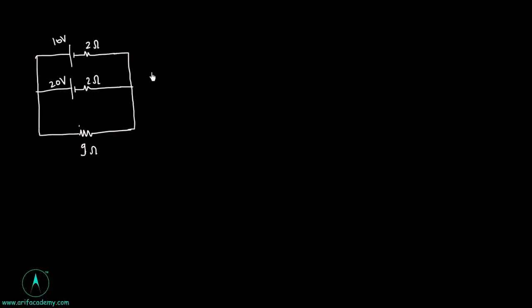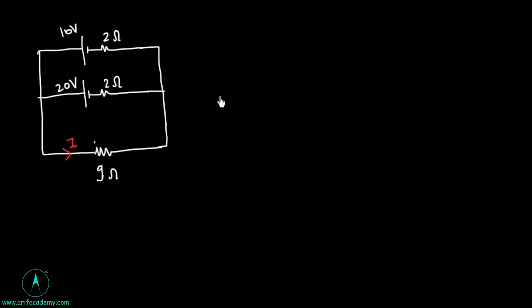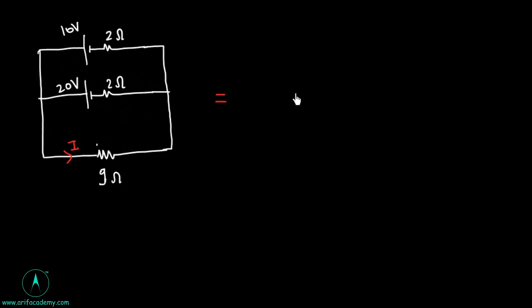In this problem we have to find the current through the load resistance. We have two cells in parallel, so I would like to replace these two cells with a single cell whose internal resistance is R equivalent and EMF is E equivalent, and the load resistor is 9 ohm.